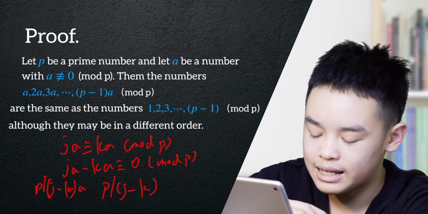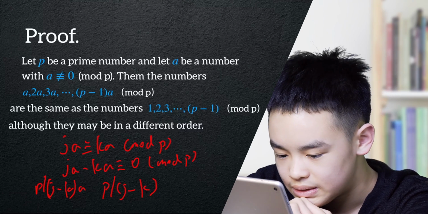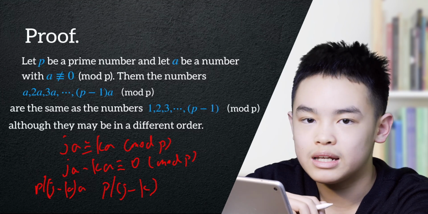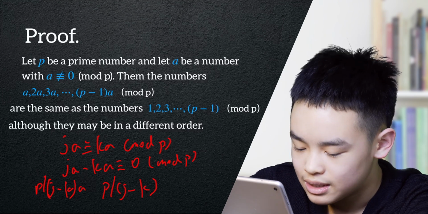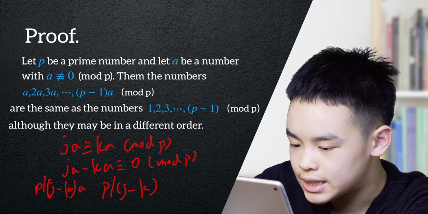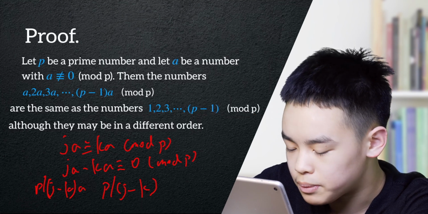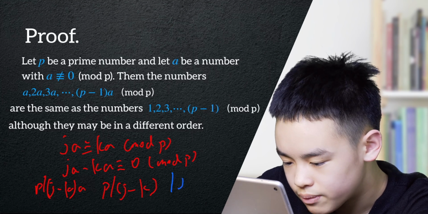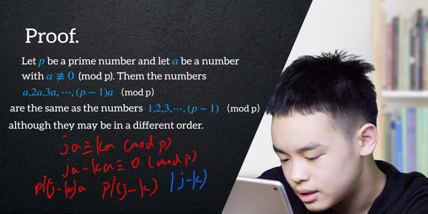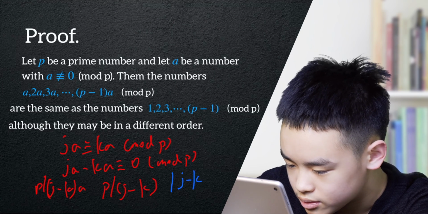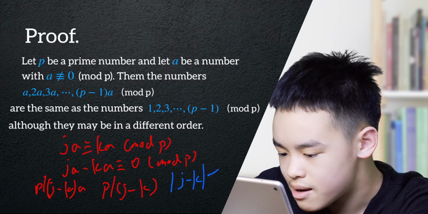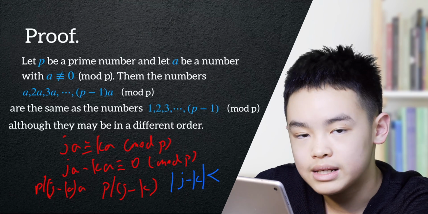And if that is the case, then it doesn't show anything. Or does it? J and K, they're both smaller than P. So the absolute value of J minus K is at most P minus 2.